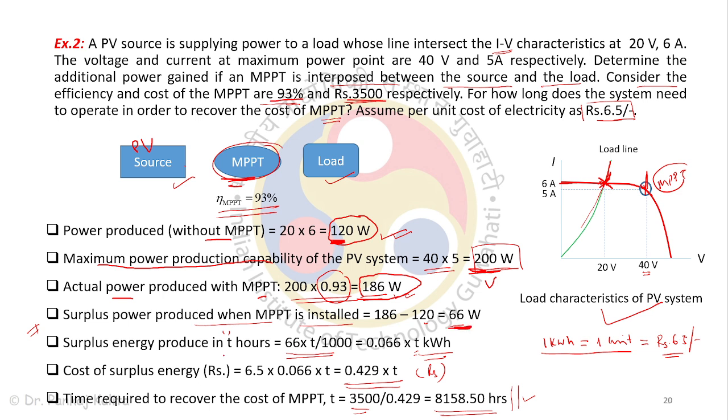If you talk about surplus power for T hours, then in kilowatt hour you can calculate it, and the cost corresponding to it will be multiplied by 6.5, the per unit cost of electricity. So the time required to recover the cost of MPPT, which is 3500, will be equal to 3500, and from here you can calculate the time T. Okay, so hope this question is clear.